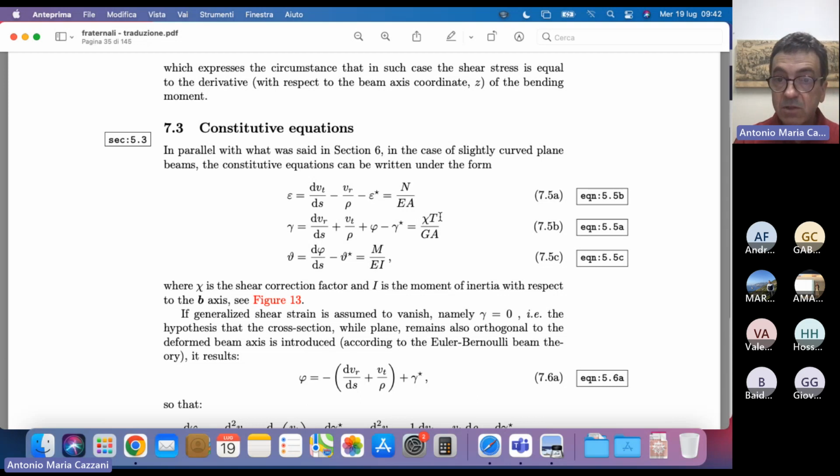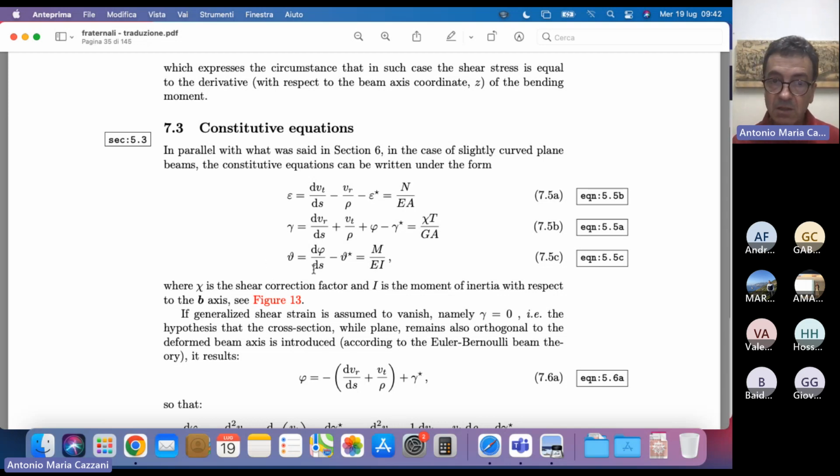Gamma is related to the shear force T multiplied by this chi, which is a shear correction factor, which according to Saint-Venant theory takes into account, from an energetic point of view, the equivalence of the work done by the shear force by the corresponding shear strain when we account for warping. And in the denominator we have again the area of the cross-section and instead the shear modulus G.